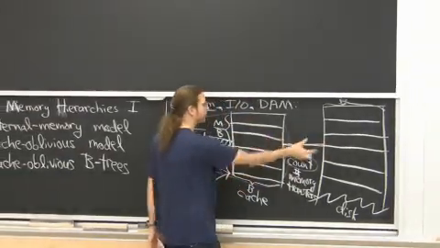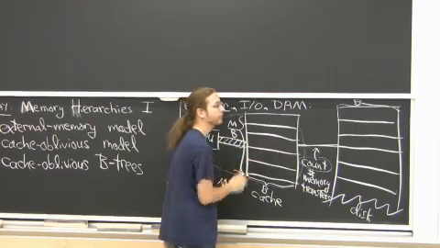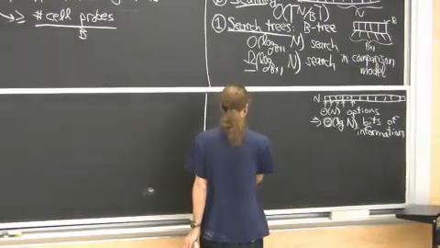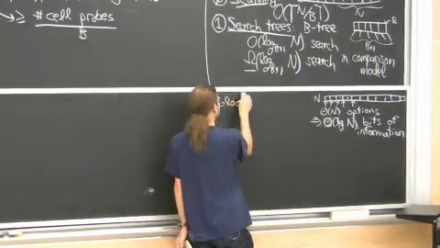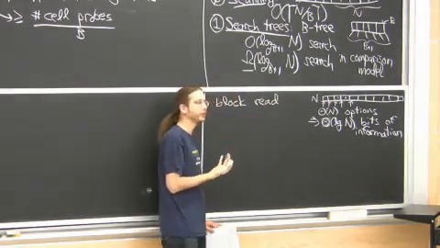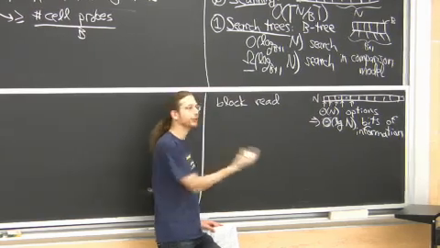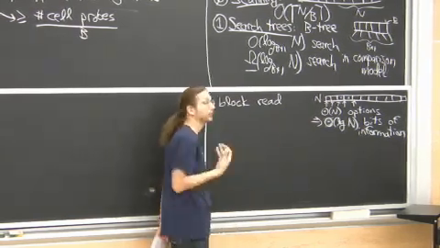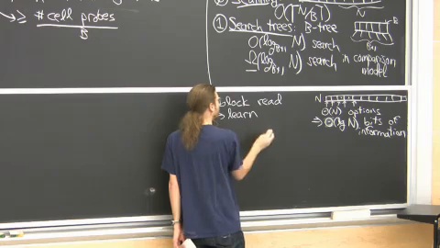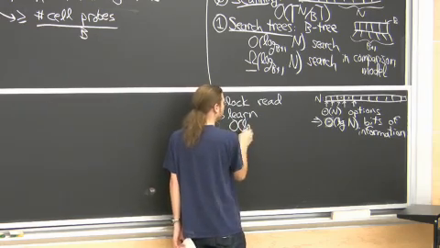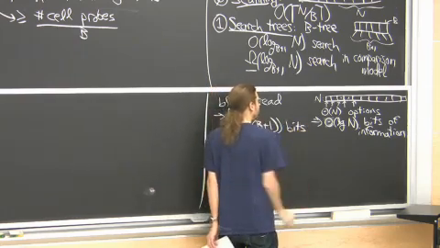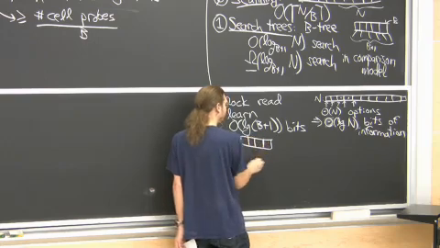So when I read in some data, I get b items from my array. When I do a block read, all I can do in the comparison model is compare my item to everything that I read. So you might as well compare all of them, but the information you learn is only log b plus 1 bits, because what you learn is among these b items, where do I fit?